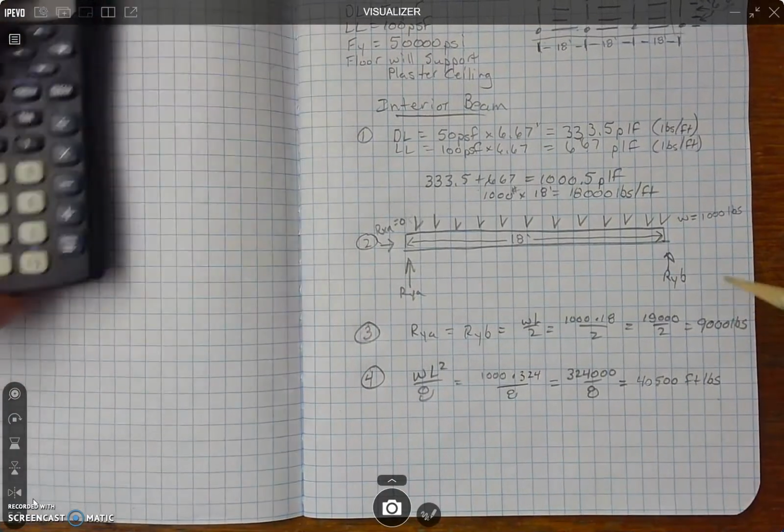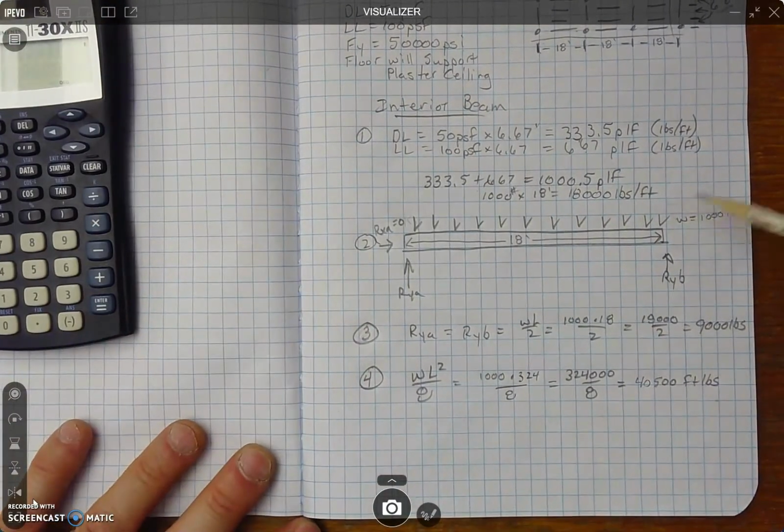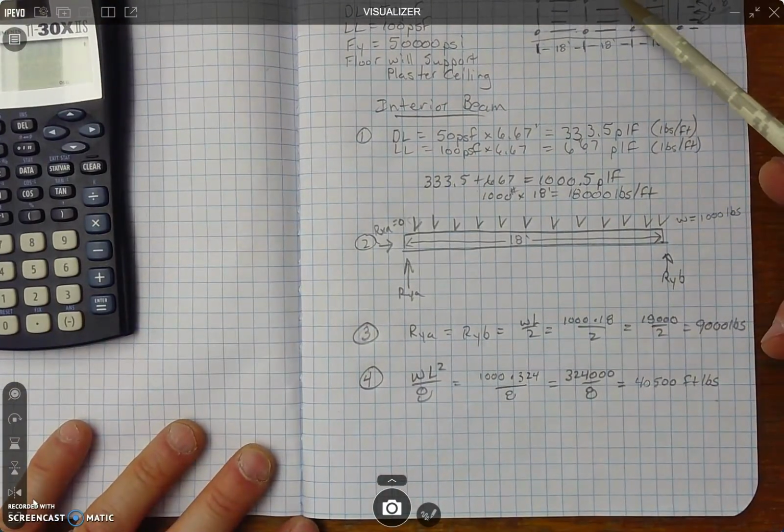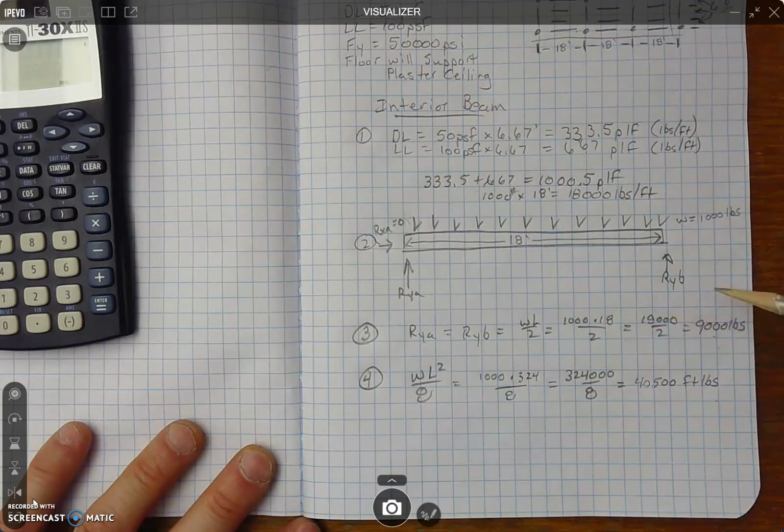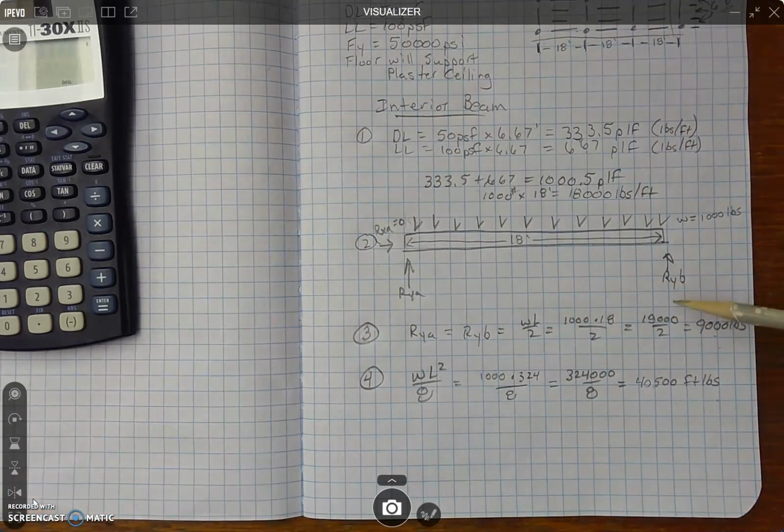So that 18,000 pounds of loading that we have designed for is going to exert 40,500 foot-pounds of bending force on these beams. It's also going to distribute 9,000 pounds of end reaction on each end. That means that those beams will have to hold at least 9,000 pounds of strength at each end.